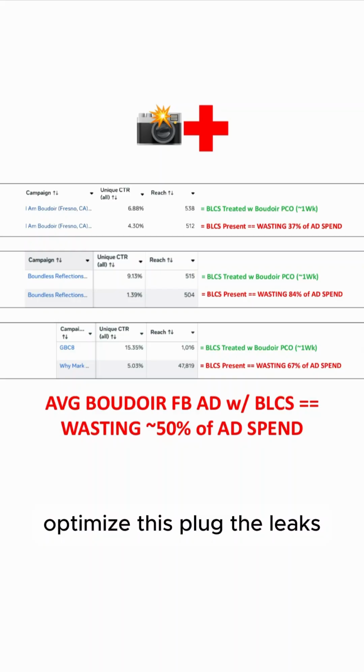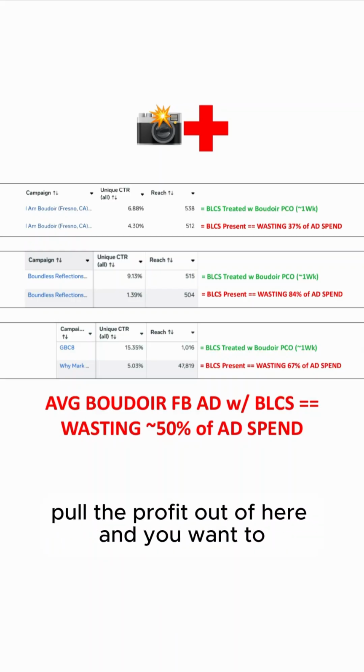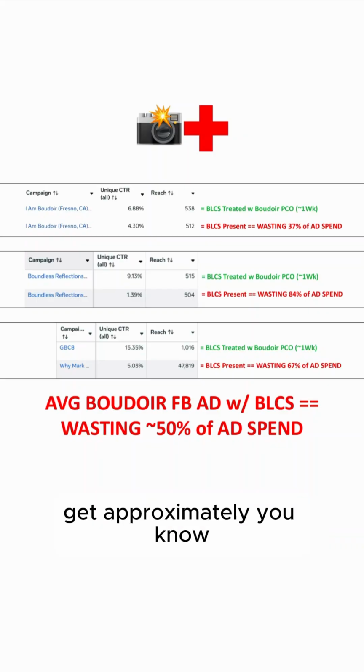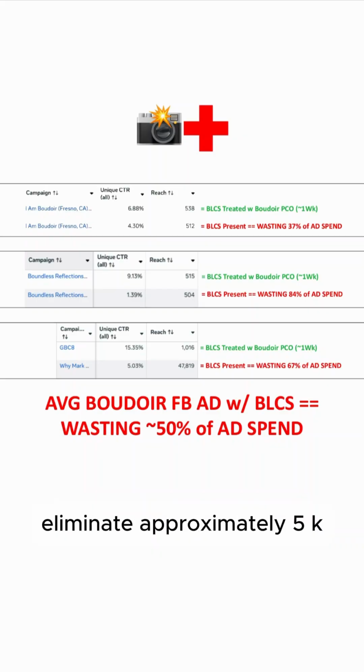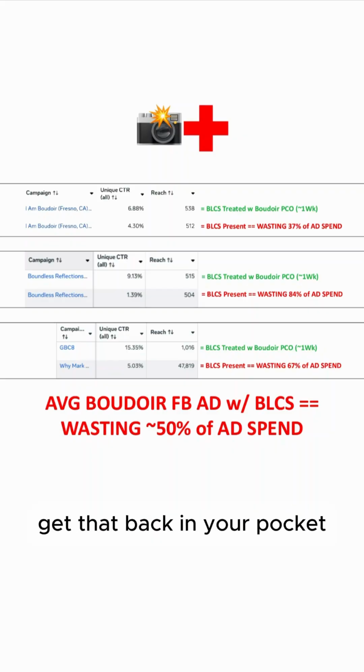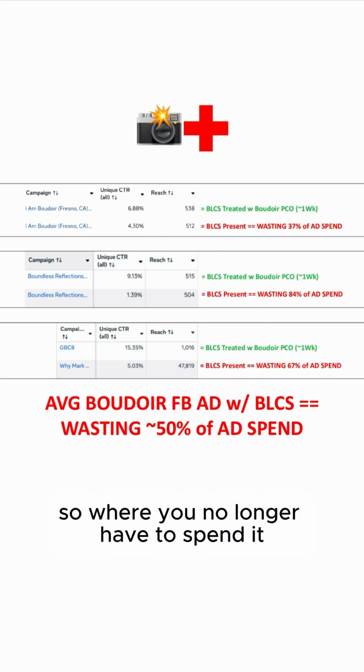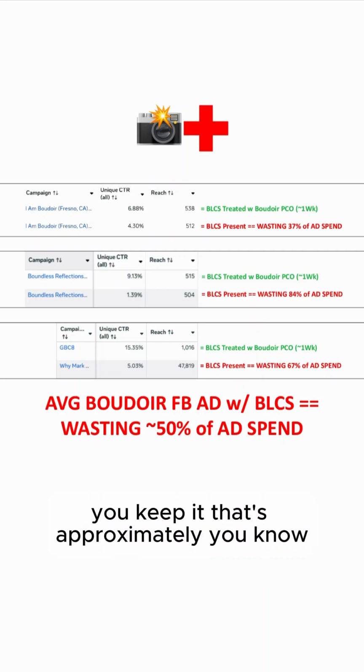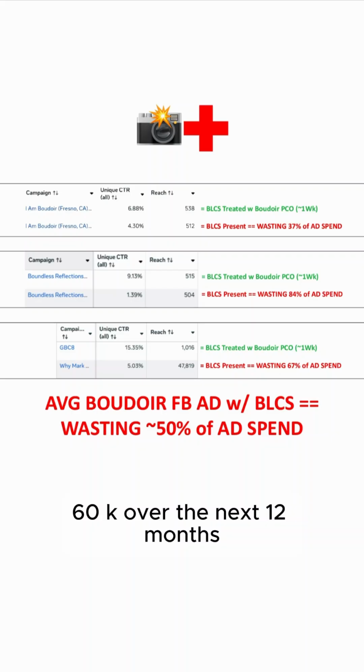Optimize this, plug the leaks, pull the profit out of here, and you want to eliminate approximately 5K in wasted Boudoir Facebook ad spend each month. Get that back in your pocket so you no longer have to spend it, you keep it. That's approximately 60K over the next 12 months.